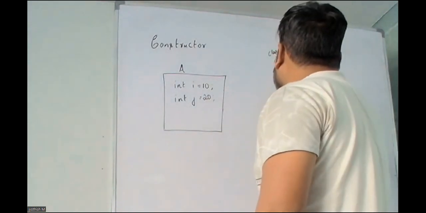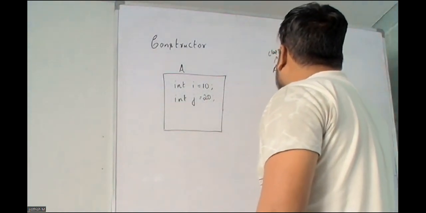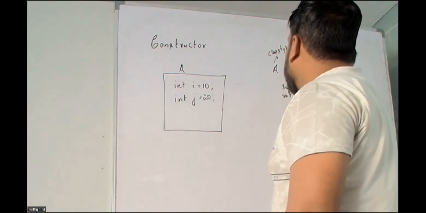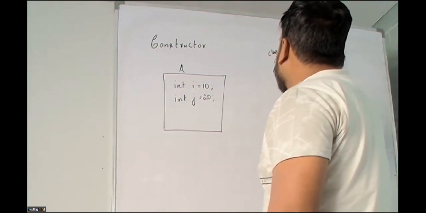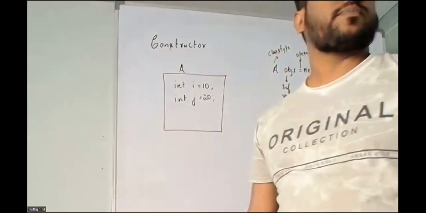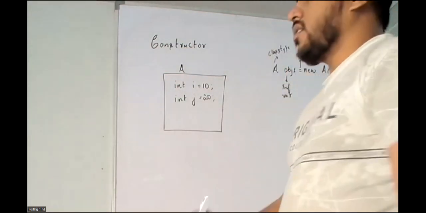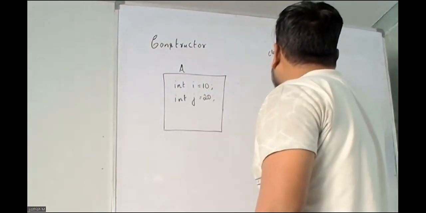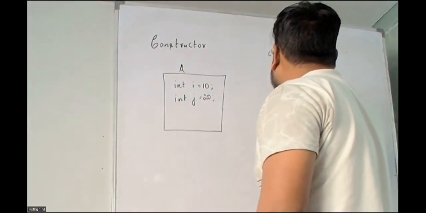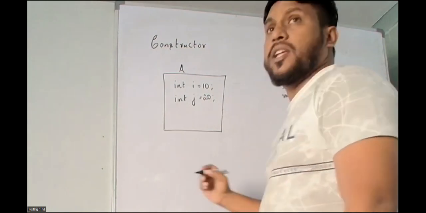Obj1 is a reference variable, is equals to is an operator. Which operator? Assignment operator, like int I is equals to 10 you will write. New is a keyword which creates an empty object.